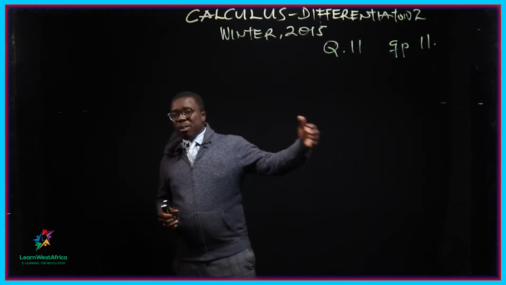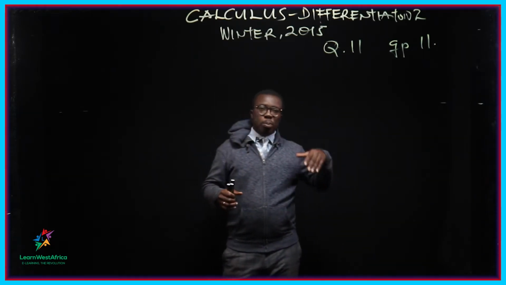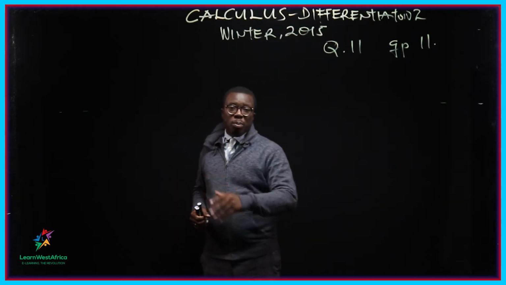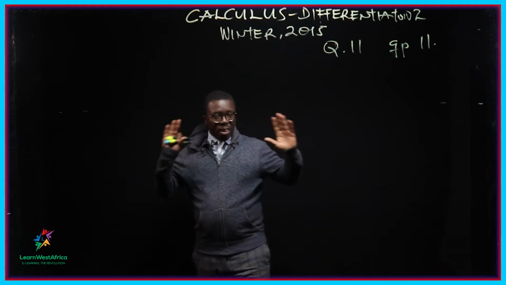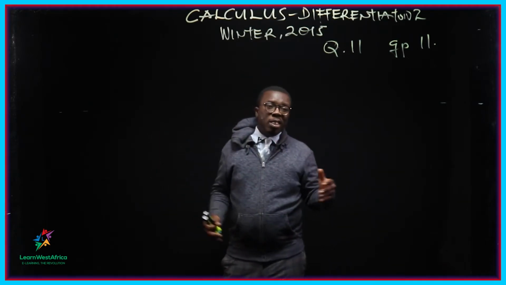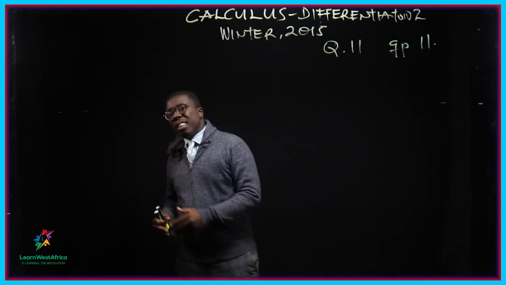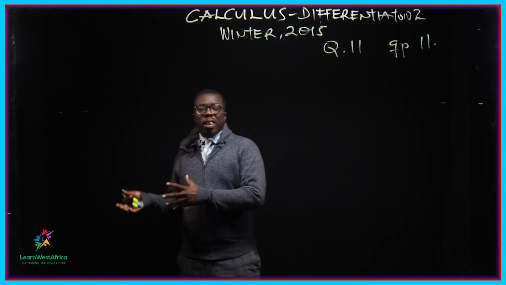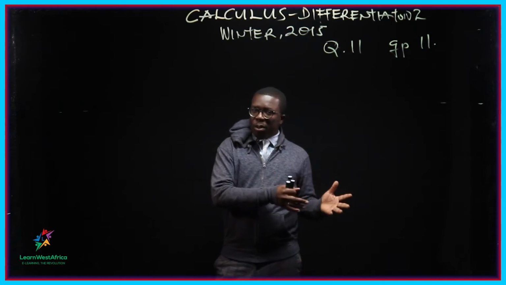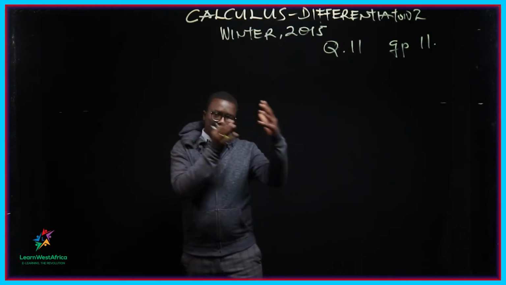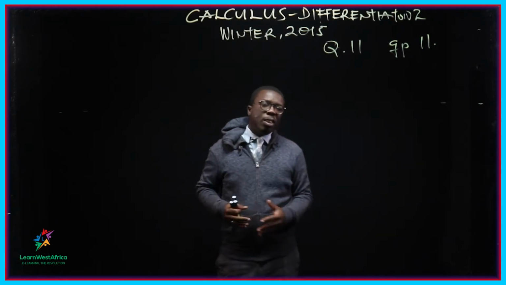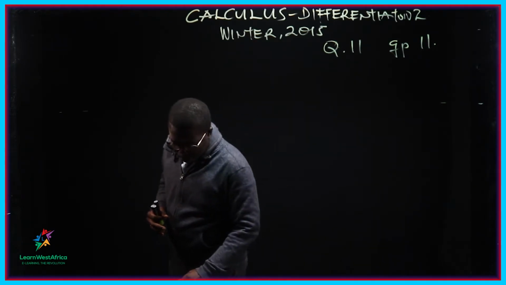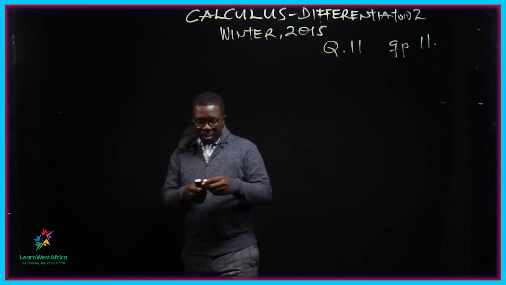So when you know the gradient of the normal, the negative reciprocal gives you that of the tangent, and when you know that of the tangent, its negative reciprocal will be that of the normal. Problems of this nature always involve the gradient of the line at the point, its effect on the gradient of the tangent, and then the gradient of the normal. Let's delve into the problem.